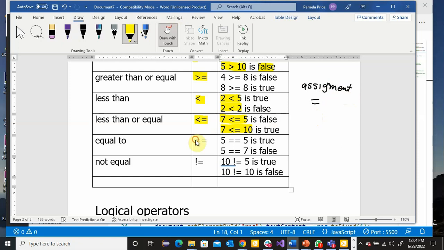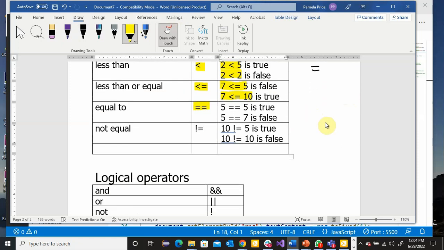So this is something that you have to get used to, and you're going to probably make a lot of mistakes on this in the beginning. So if you want to ask if two numbers are equal, you need to put 2 equal signs. And in JavaScript, there is actually one that is 3 equal signs, but we don't need that right now, so we'll talk about that later.